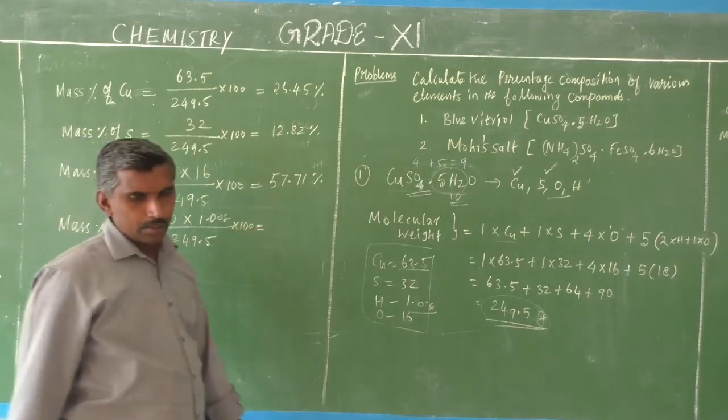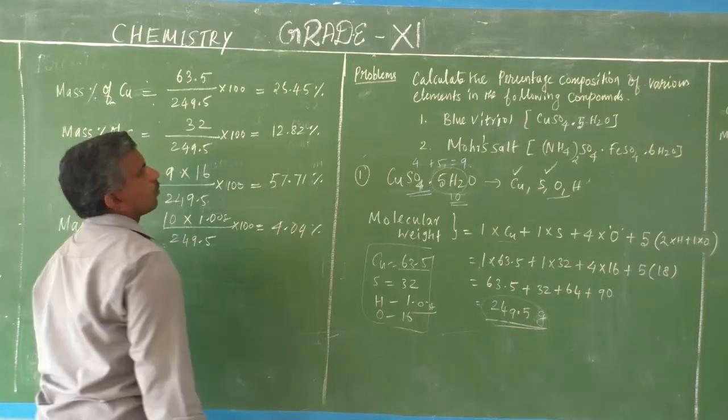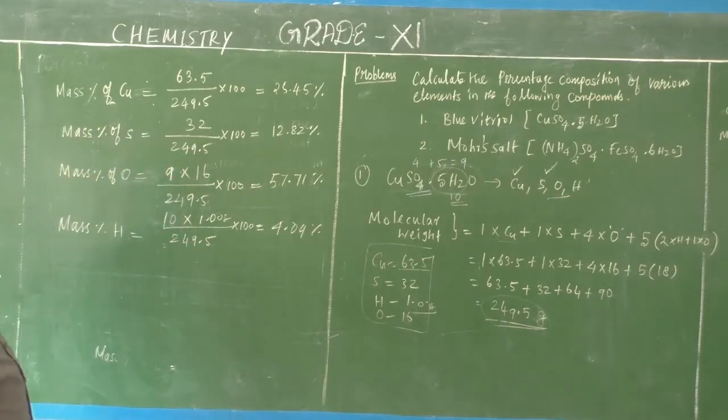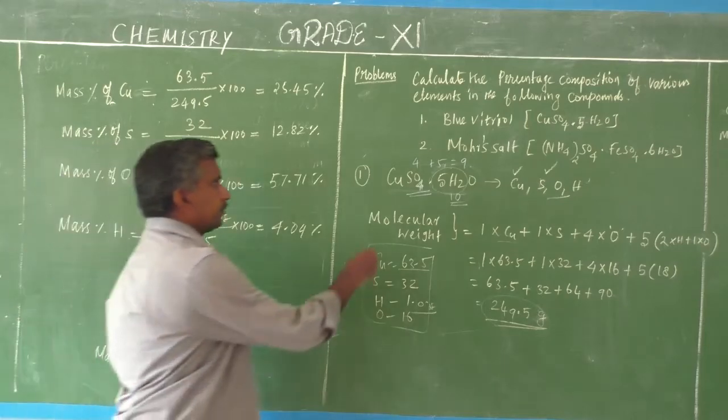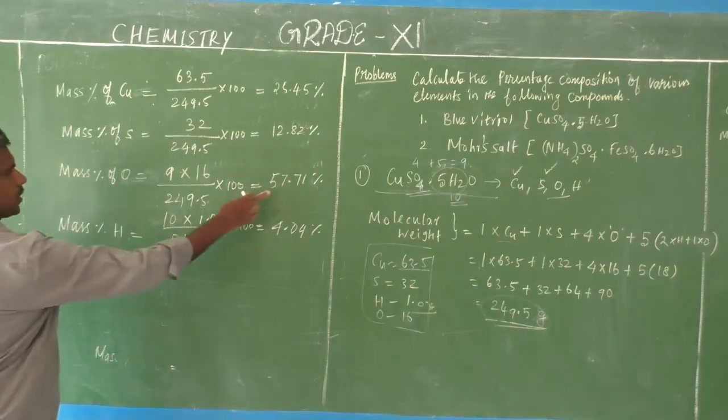What is the value? 4.04 percentage. So in blue vitriol, copper sulfate 5H2O, maximum oxygen percentage is present.